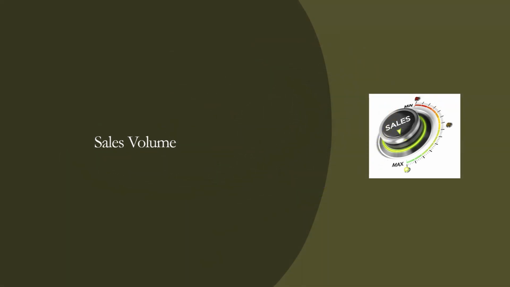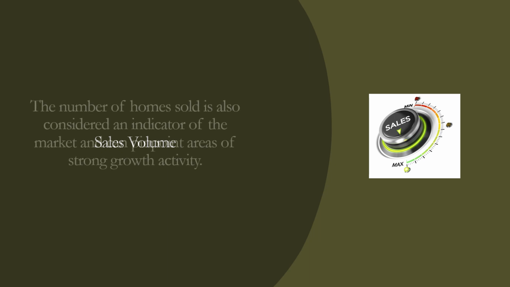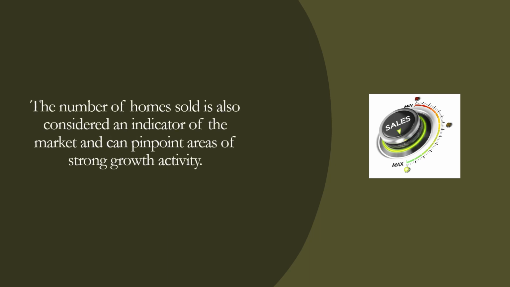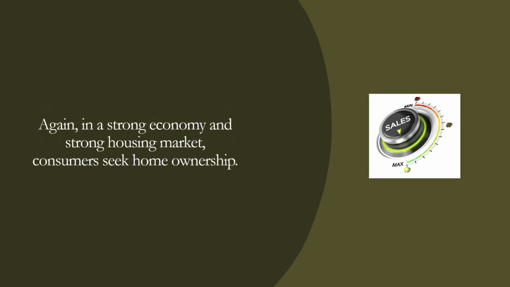Sales volume. The number of homes sold is also considered an indicator of the market and can pinpoint areas of strong growth activity. Again, in a strong economy and strong housing market, consumers seek home ownership.